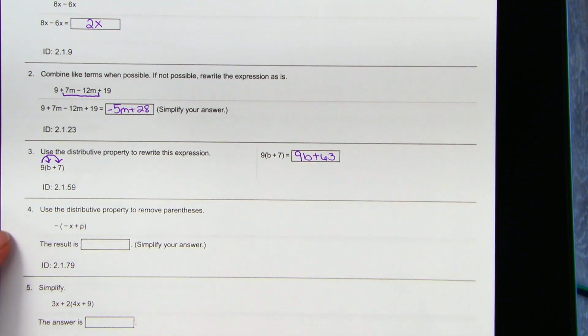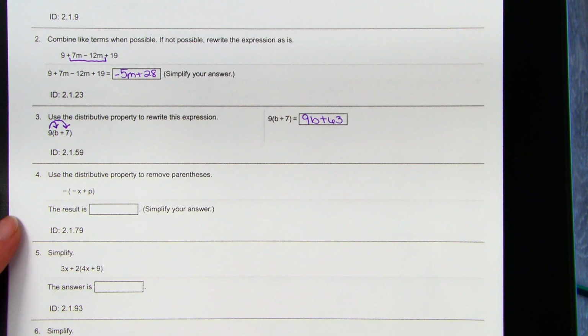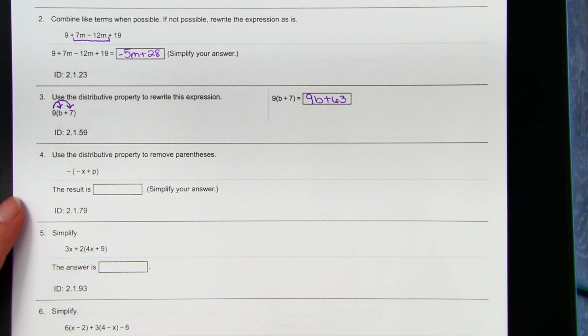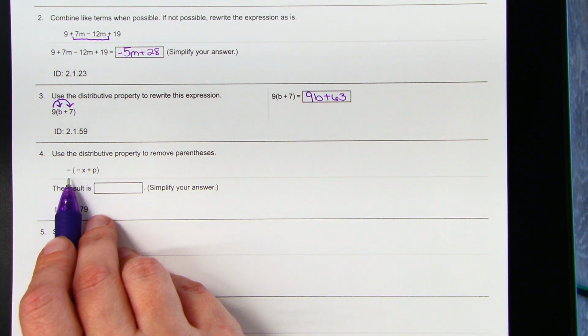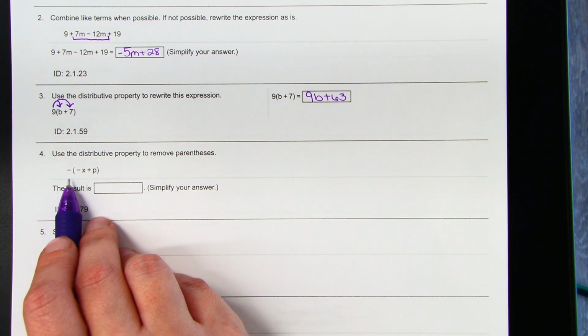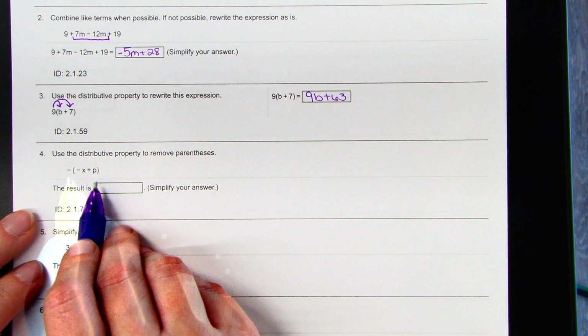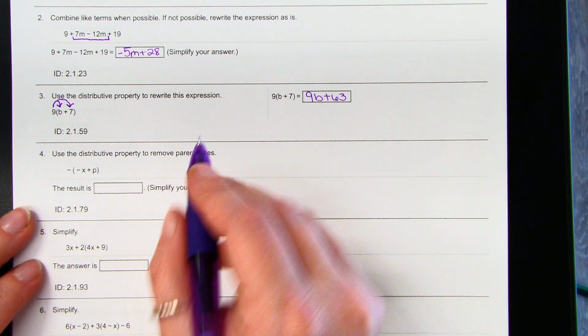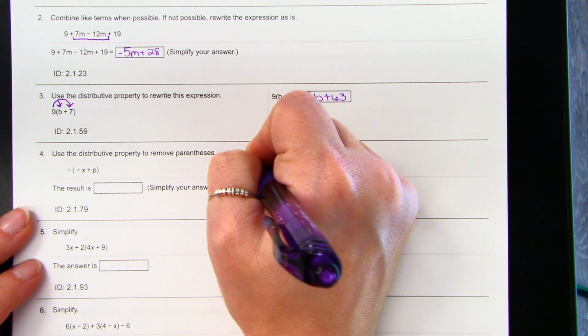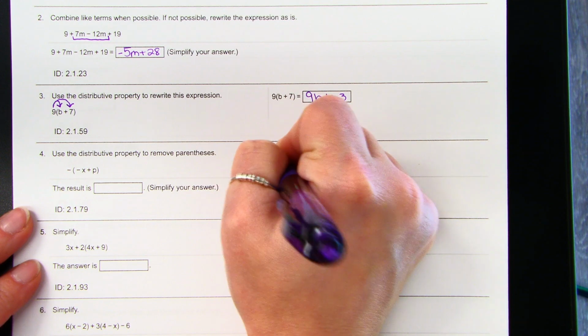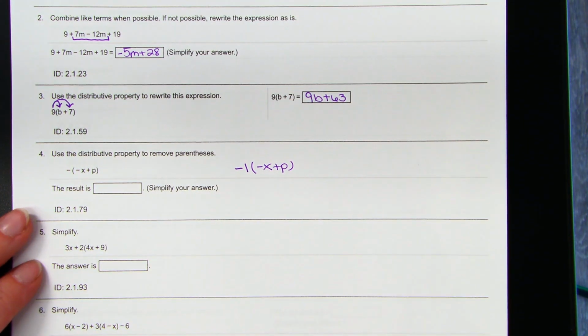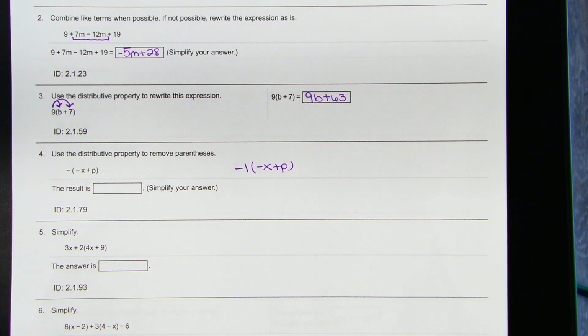All right, number 4, the exact same style of problem, but there's no number written out here. There's just a negative. If you're okay with leaving the negative, you can leave that and we distribute the same way. If you want there to be a number, you could write this as negative 1 times negative x plus p. Either way is correct, because we understand that if there's not a number written out in front of a term, it's like there's a 1 there.